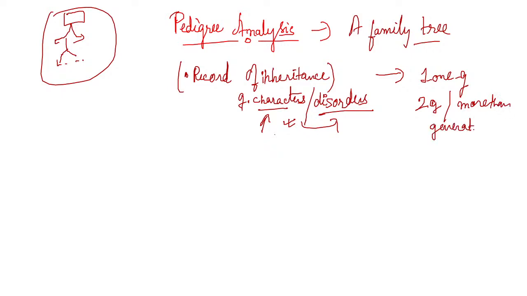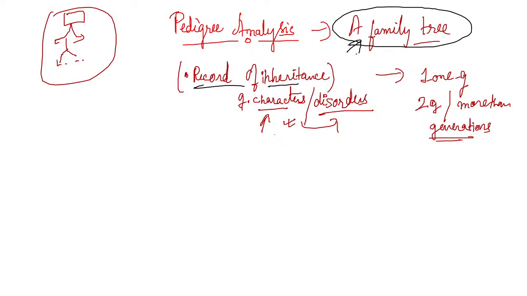In a family, we can create this family tree in which it is represented by some specific symbols. So the first point we have already studied: what do we do in a pedigree? We record the inheritance of such characters, right? That is what a pedigree actually is.